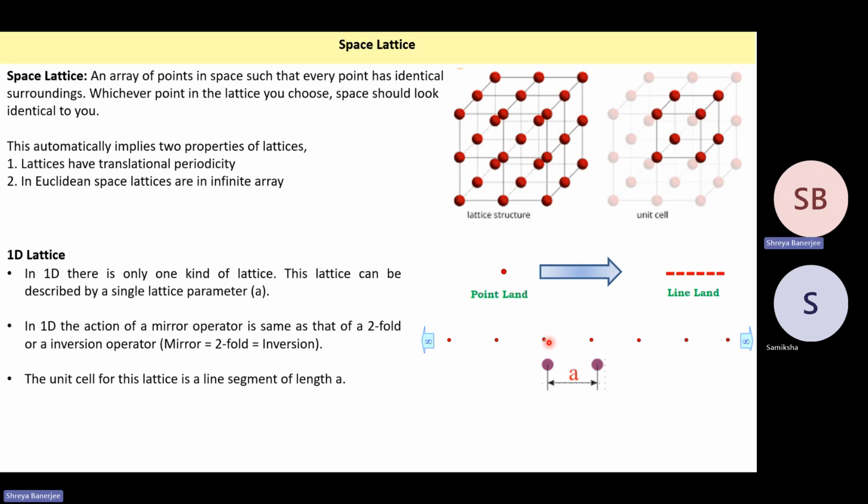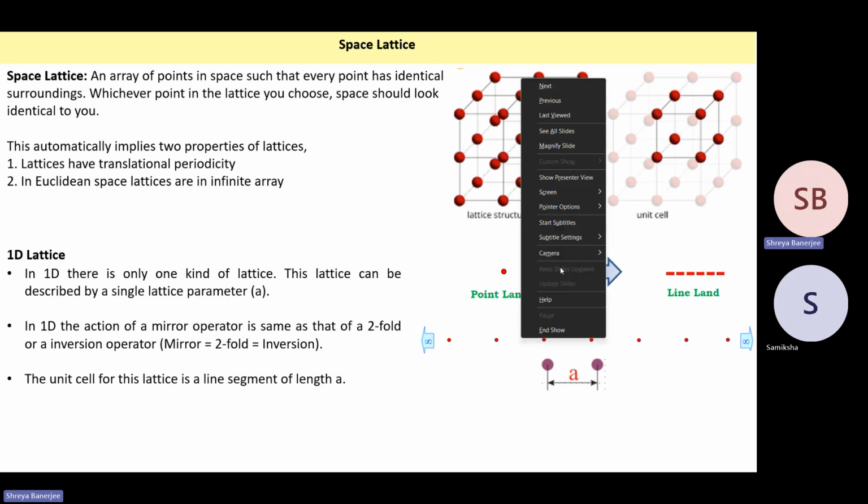In a 1D lattice, the mirror operator is the same as... after a few slides, I will be discussing these different symmetry operations. When this is a bit more clear, I will still explain it now.